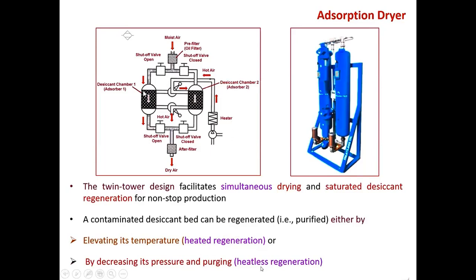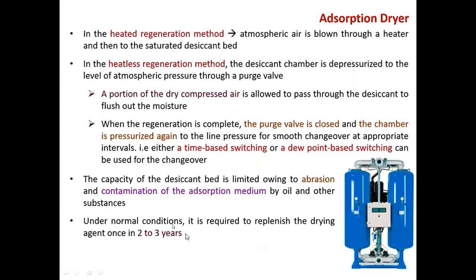So see here: desiccant chamber 1, desiccant chamber 2, hot air, shut off valve open, air shut off valve closed, pre-filter, shut off valve closed, heater, shut off valve closed, after filter, goes to the dry air, shut off valve open here, dry air goes to the filter or after filter to the system.